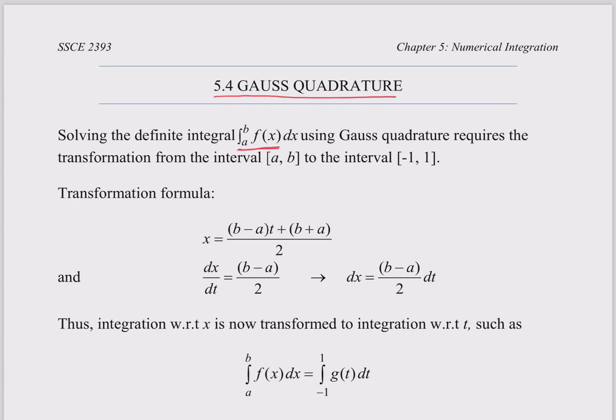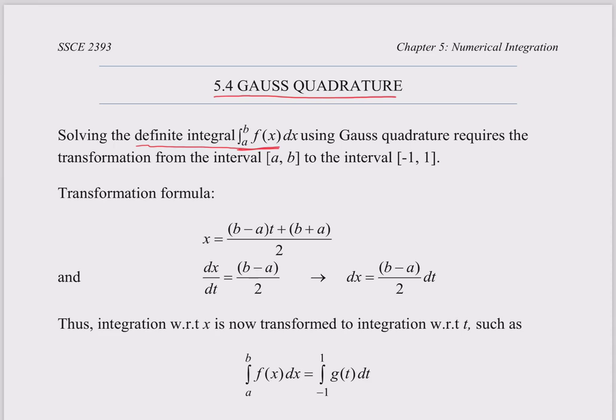Generally, the Gauss quadrature method is a technique to evaluate this definite integral from a to b of a function of x by transforming from the original integration interval to some other new integration interval.